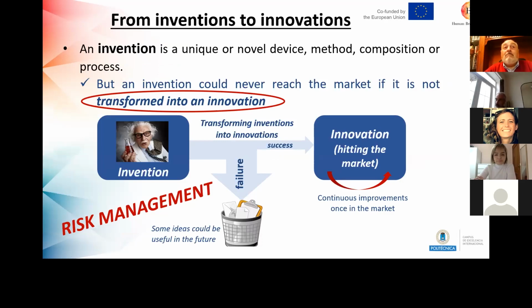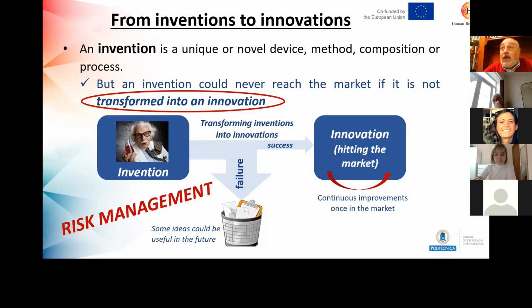If you consider many things that were created in laboratories of the world as inventions, things that even could be something totally different from the previous state of the art, it will not necessarily become an innovation. To do that, we need to hit the market.